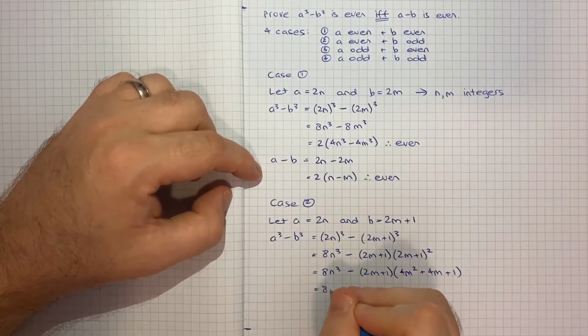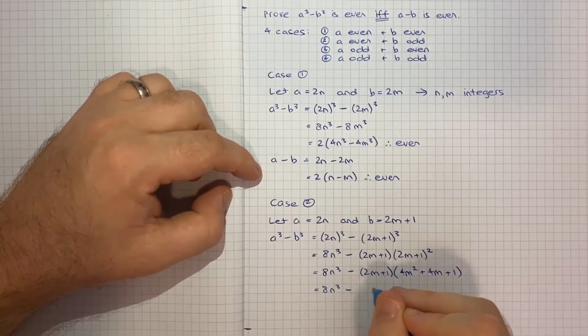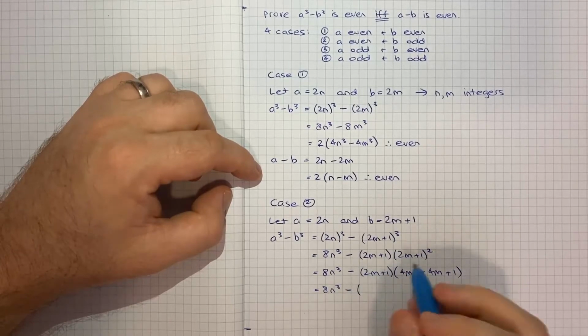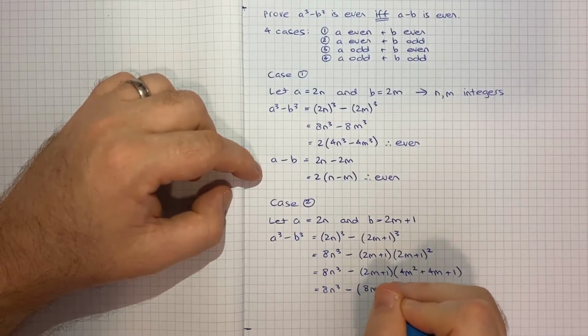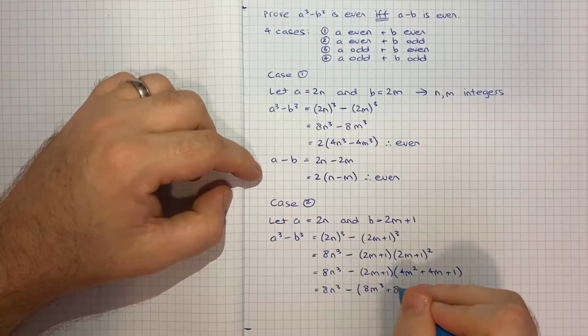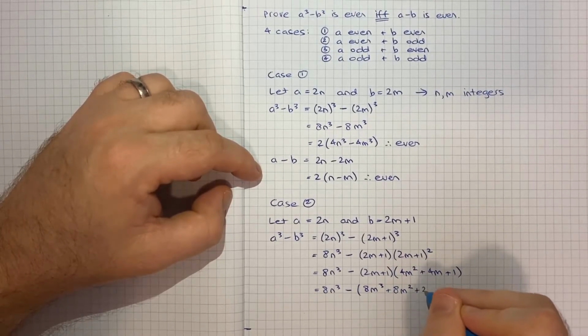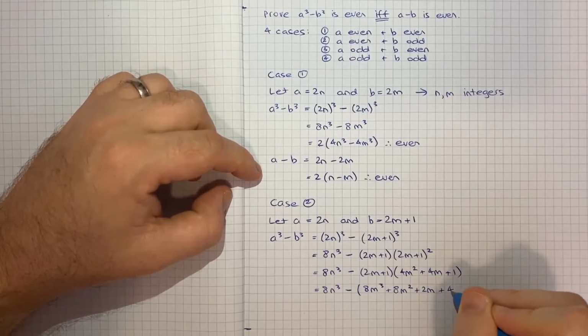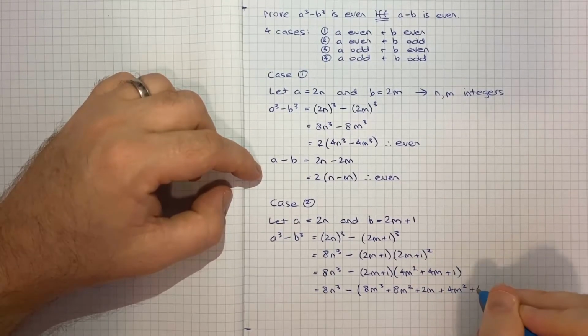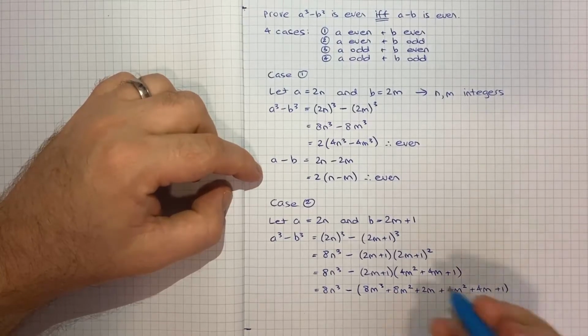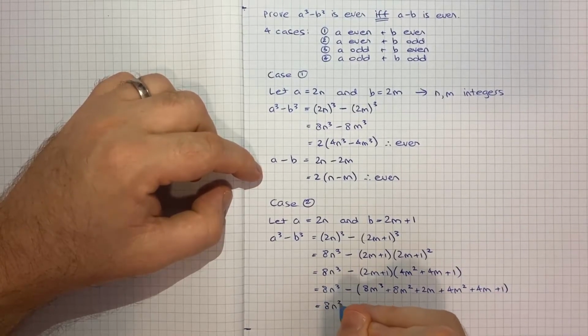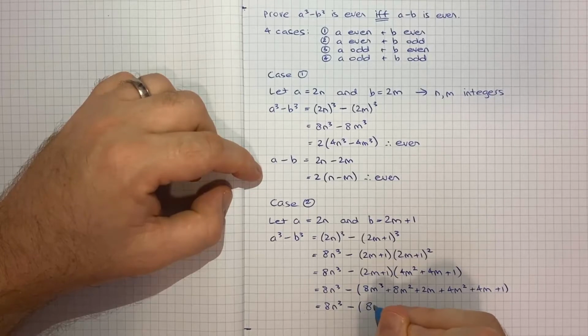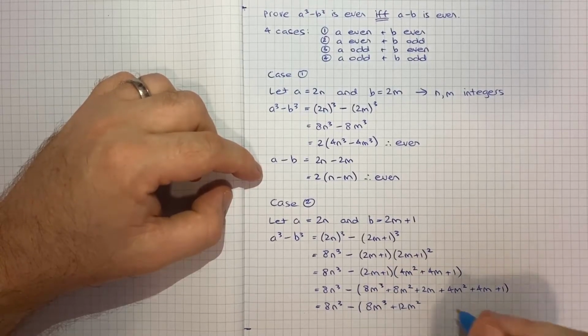So that's 8n cubed minus, expanding this, 8m cubed plus 8m squared plus 2m plus 4m squared plus 4m plus 1. So that's going to be 8n cubed minus 8m cubed plus 12m squared plus 6m plus 1.